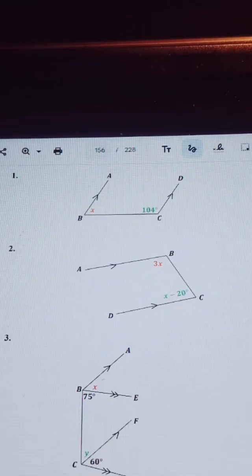Then vertically opposite angles, then revolution angles, and calculations on that. Then we did parallel lines. We started off with corresponding, moved on to alternate, moved on to co-interior. Now we are busy with exercises.